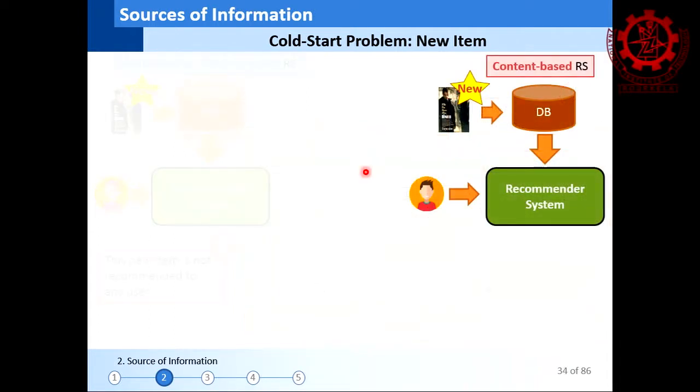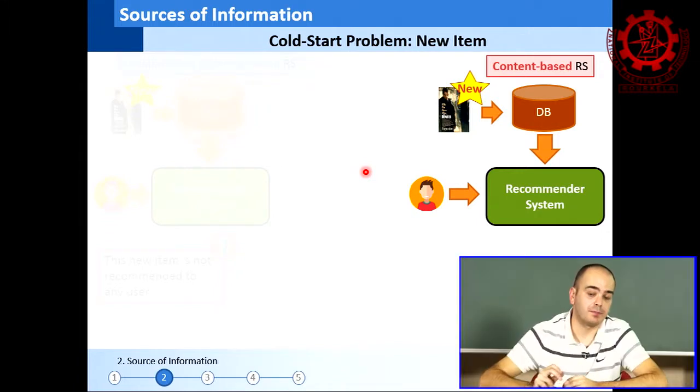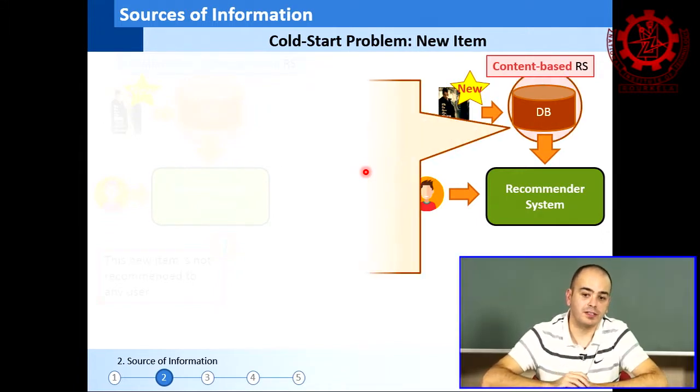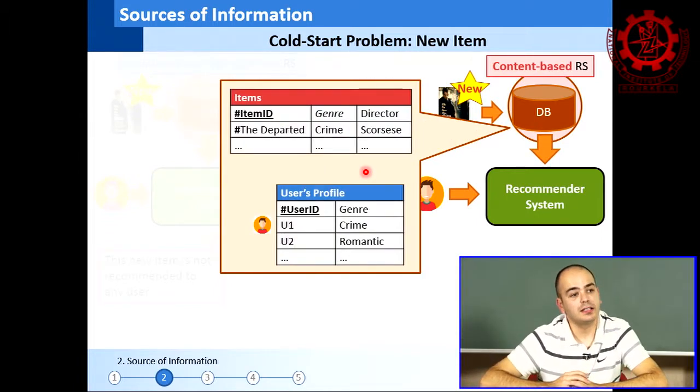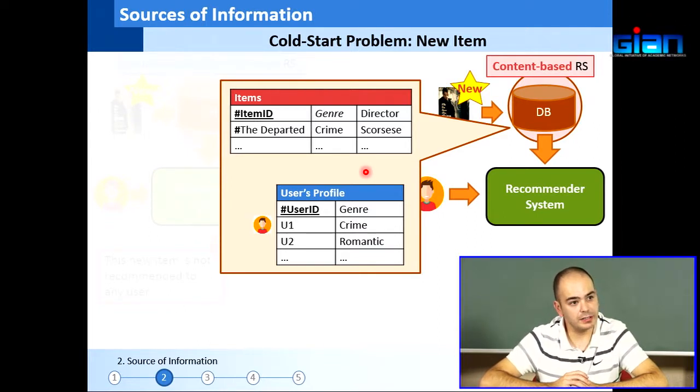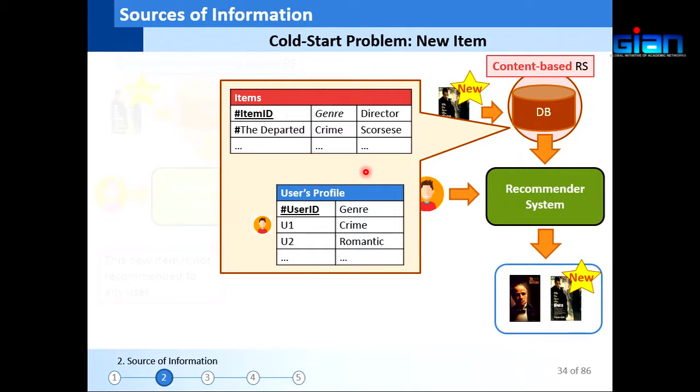So this item cannot be recommended to any user. What happens to content-based recommender system? Well, in content-based recommender system, there are two tables. We work with two tables to predict the user's taste. And here we can recommend this new movie, because we have information about this new item.